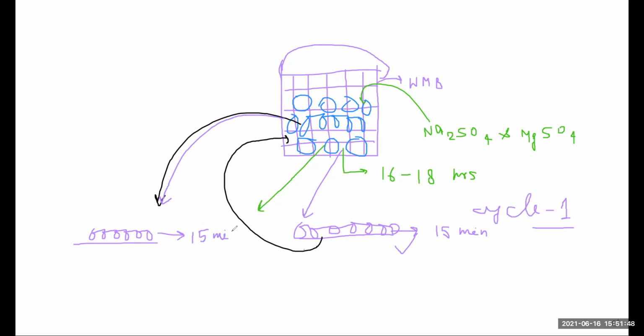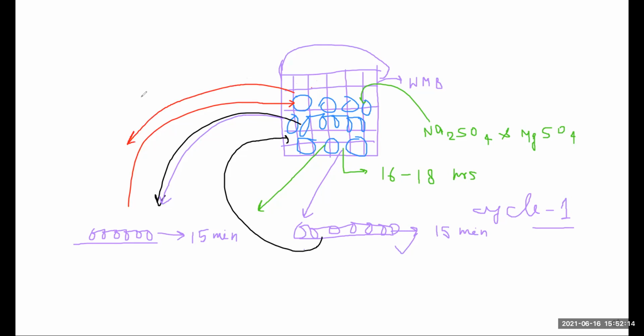Again we take this aggregate and put it into the wire mesh bucket, and the chemical is added again. After 16 to 18 hours, again we separate out our aggregate.